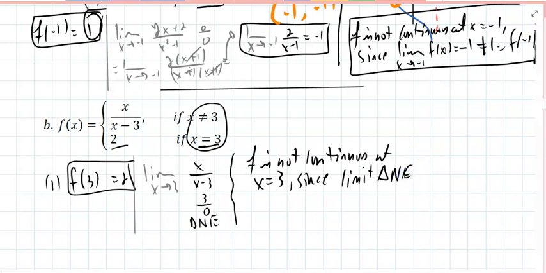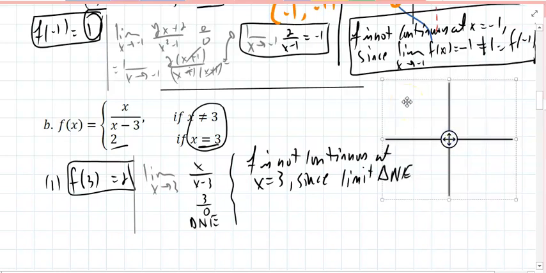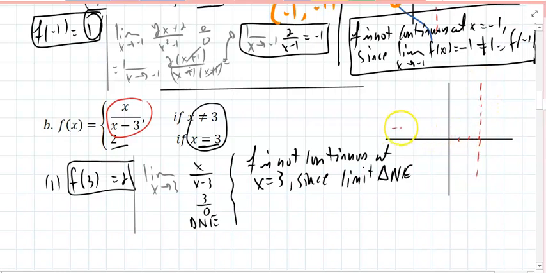Now if you want to sketch a graph of this, that will clarify things. But again, you can never say look at a graph. If I ever ask show or support, you can't say, oh look, the graph is such and such. We have a vertical asymptote at 3, horizontal asymptote at y equals 1, and when x equals 0, y equals 0.